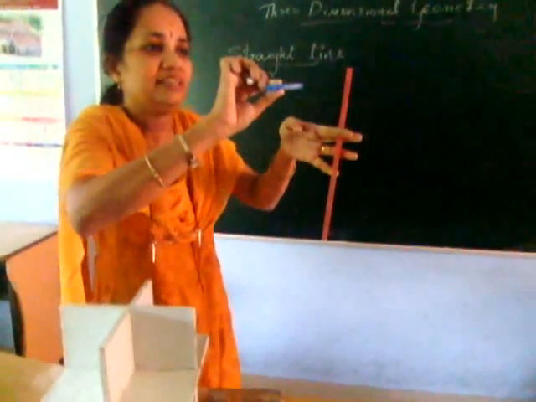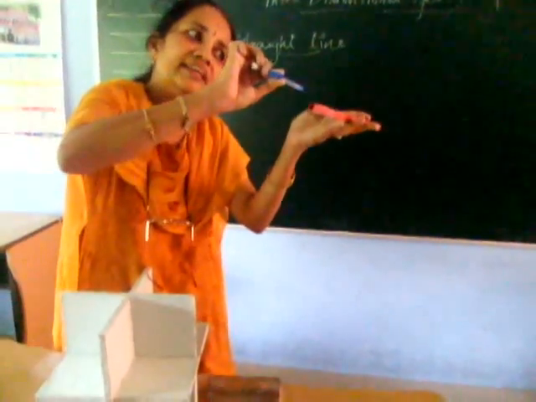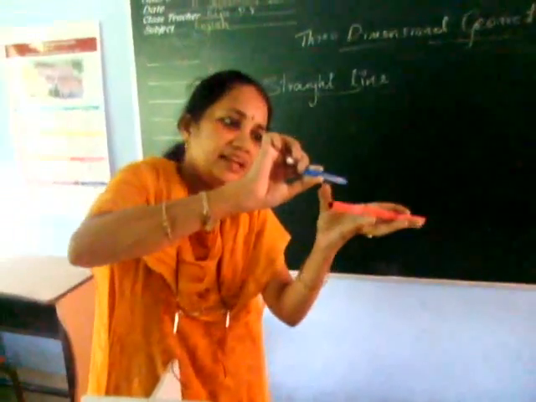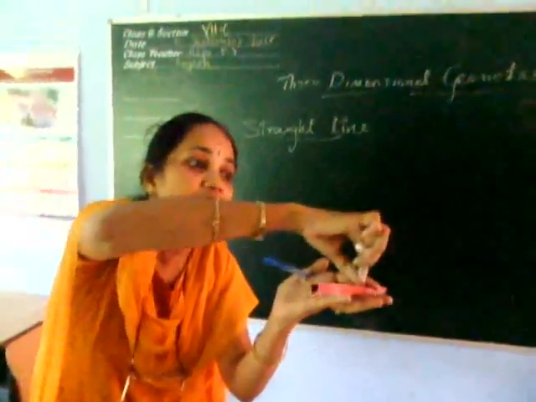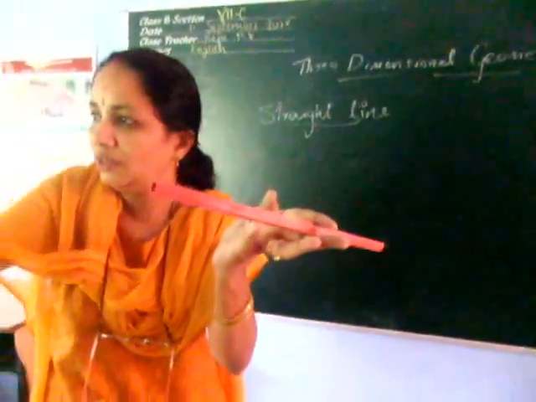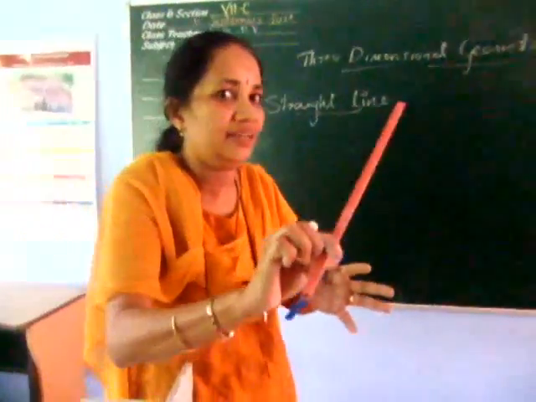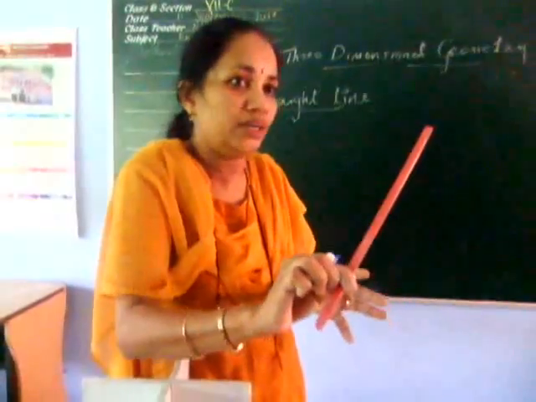Suppose the vector is given like this, this is not the line. So you have to get the line by changing the line like this, but it should pass through the same point. Now this is the required line.